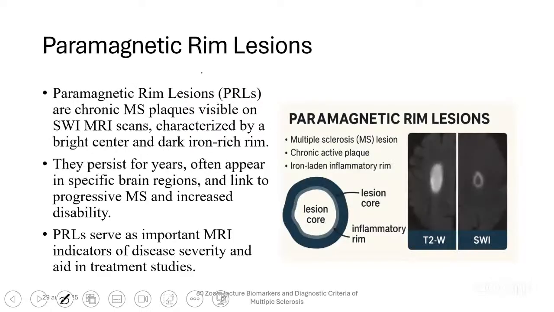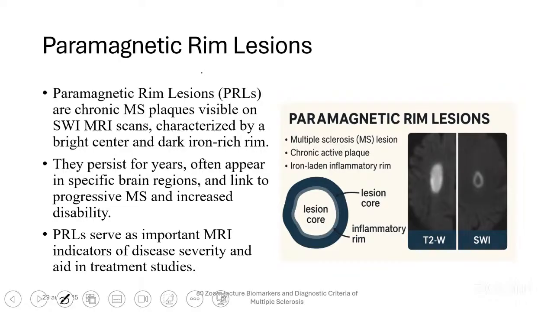The other radiological finding, which is being discussed hotly, is paramagnetic rim lesions. The MS lesion as a chronic active plaque with an iron-laden inflammatory rim. You can see the lesion core and inflammatory rim here and how they appear on susceptibility weighted image and T2 weighted image. What are these PRLs?